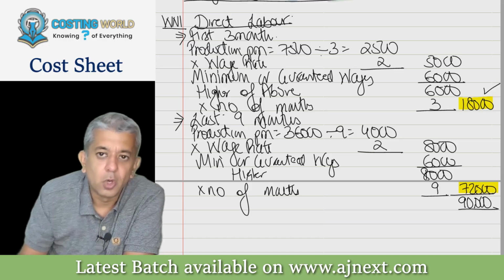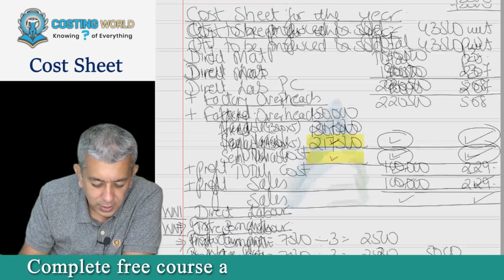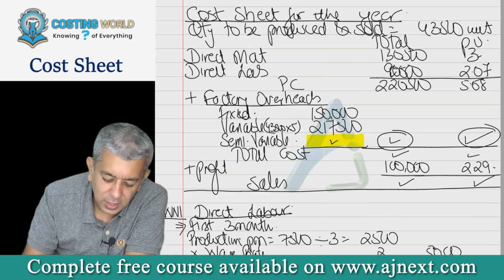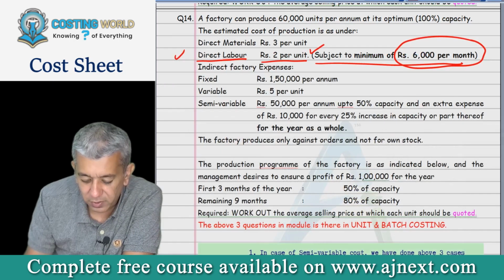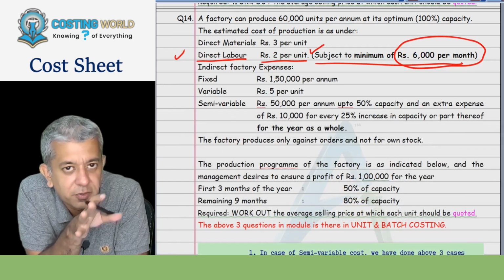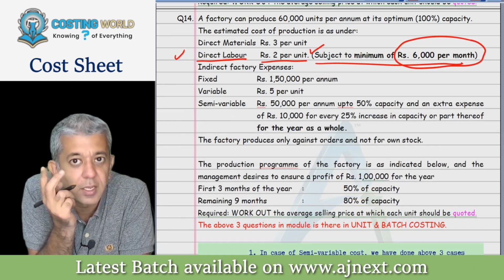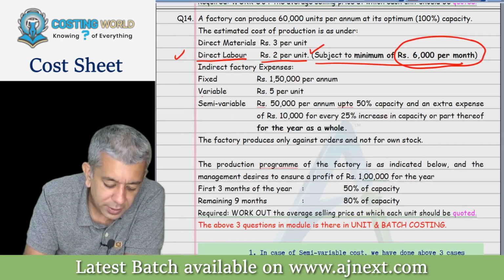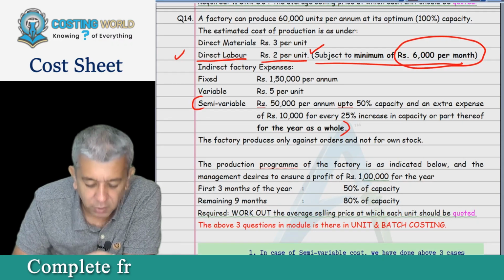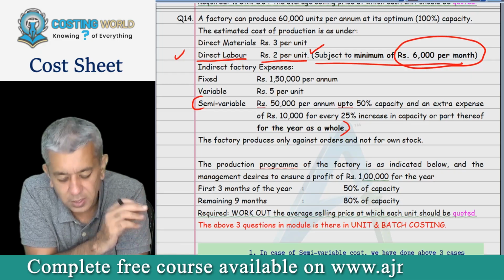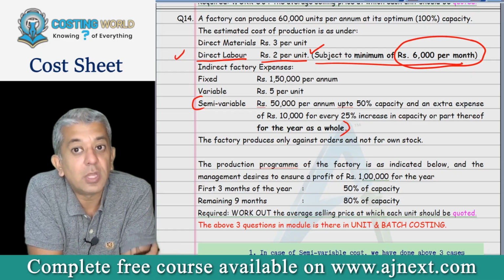Now, your working note 1 is altogether done. Second thing in this particular case is obviously your semi-variable. Those people who have got it and I have confirmed that it is correct, so it is all correct. For those people who have not got it, I give you 2 minutes now. Read this sentence properly. Obviously, it is different as compared to our yesterday's question, and try to think of the answer.